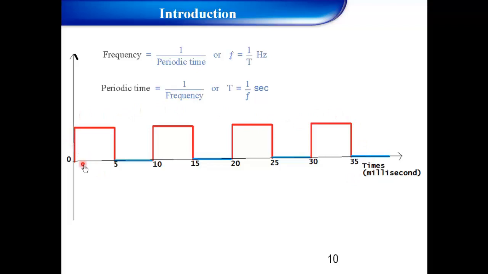Look at this: T on is 5 milliseconds and T off is 5 milliseconds, and the period is 10 milliseconds. Frequency equals 1 over the period, 10 milliseconds.